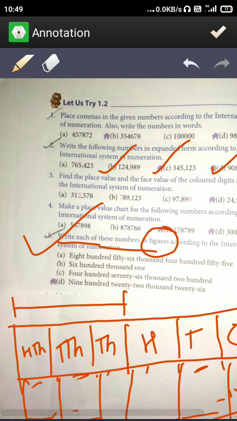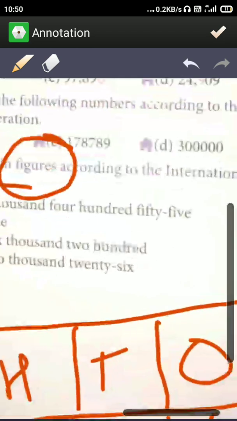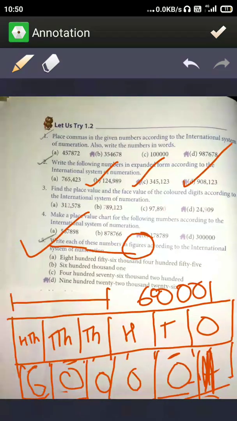How many? 600,000. And 1. Just 1. So there is no hundreds, no tens place here. This is our answer: 600,001.